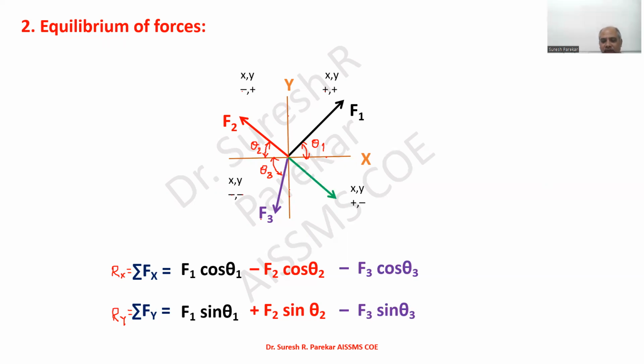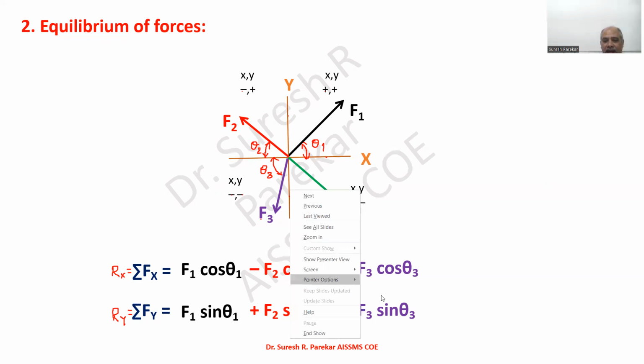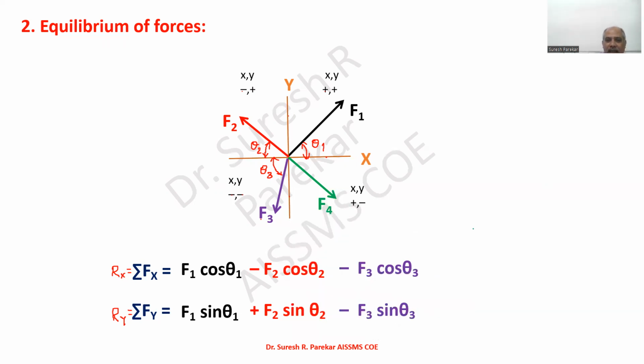And then we will go to the fourth. So this will be F4. I will show the angle in green, as we have to show it in that color only.